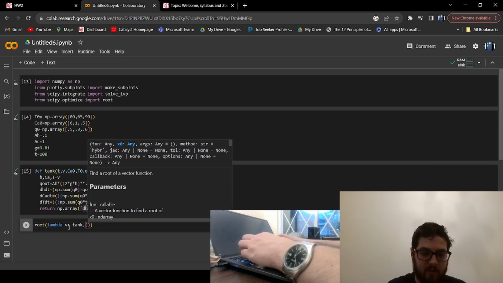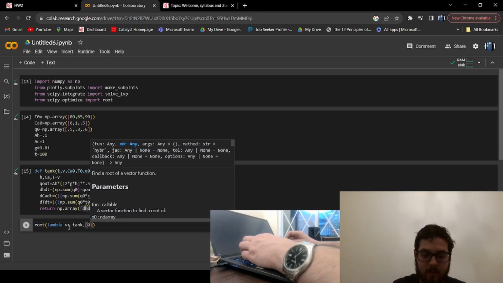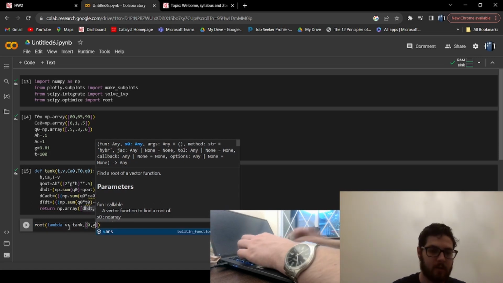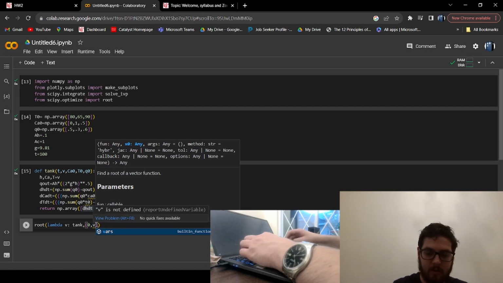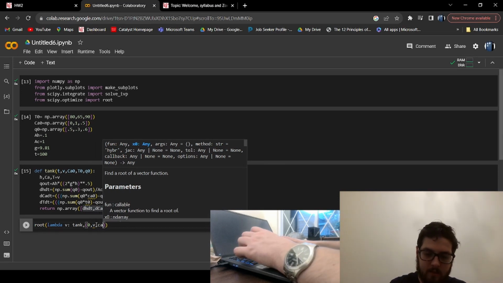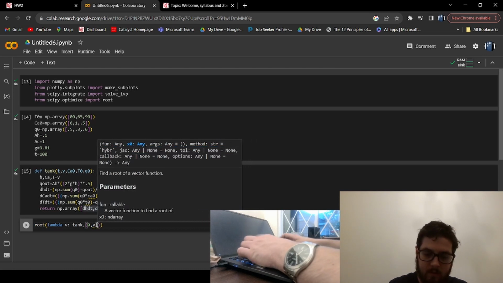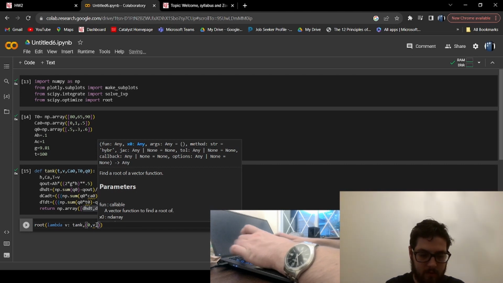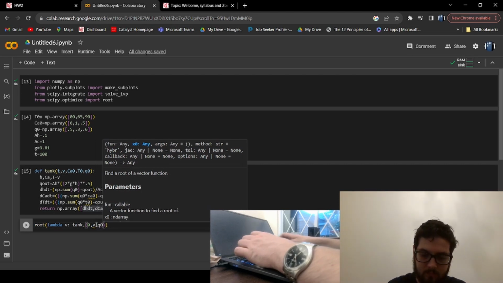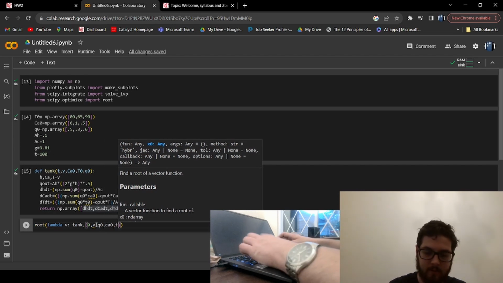So then we have 0, because time doesn't matter. We have that same vector of our height, time, and concentration. And then we need to have CA0, T, or let's do this in order: Q0, CA0, and T0.